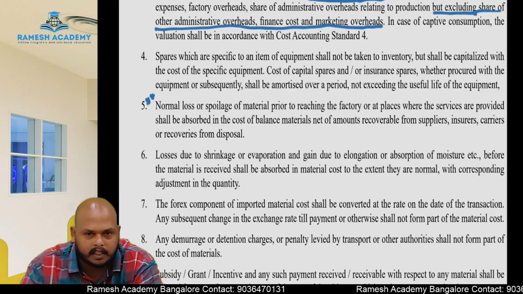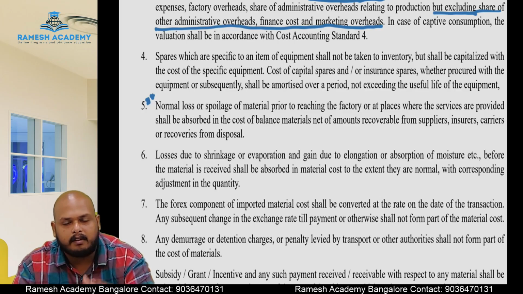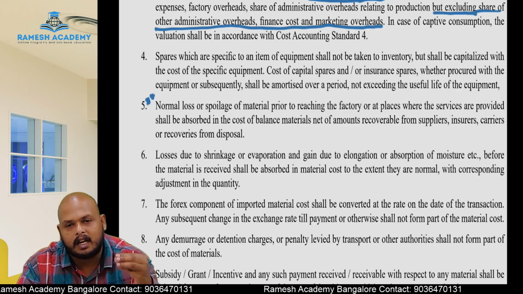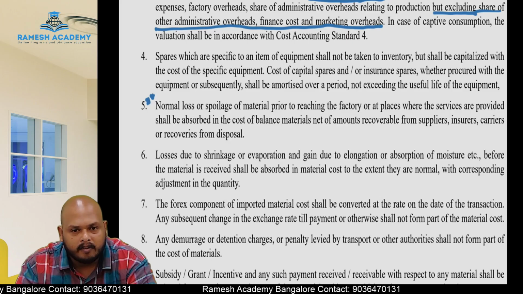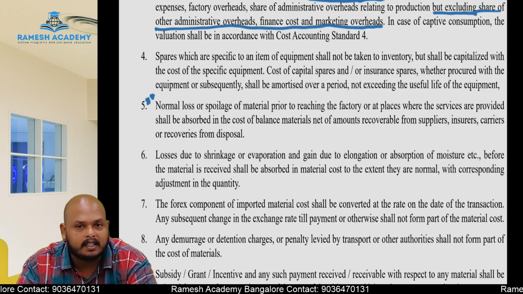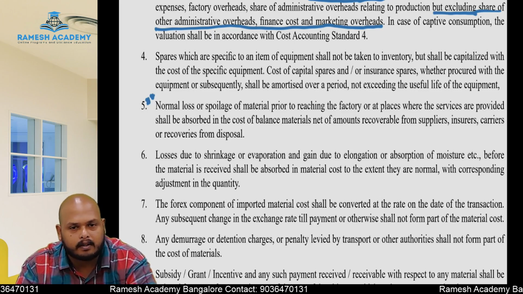So what is the meaning of this sentence, nana? If any normal loss happens, basically what is the definition of a normal loss, nana? A normal loss is an unavoidable loss which arises due to shrinkage, evaporation or some other reasons; this loss will happen, nana.